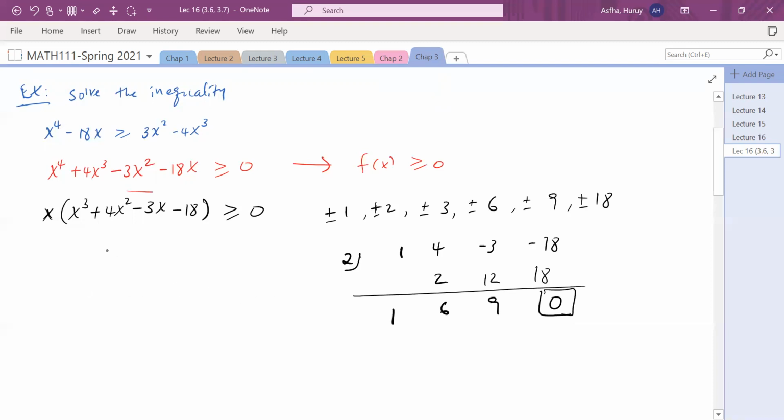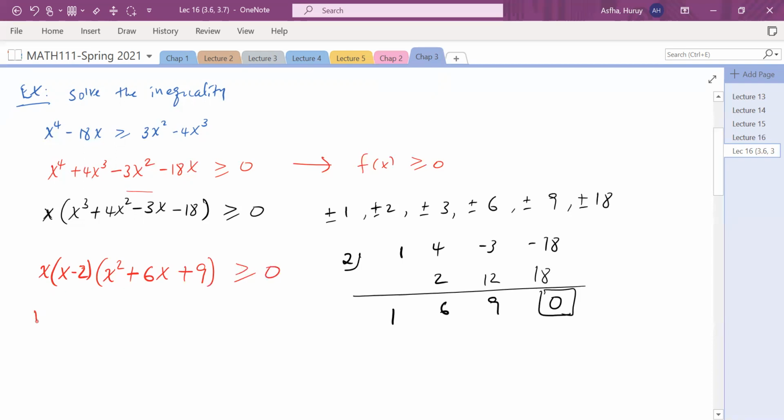Therefore, I can write this expression as, since this is positive, x minus 2. And the quotient is x squared plus 6x plus 9 greater or equal to 0.